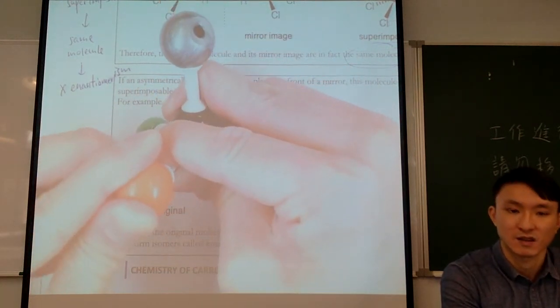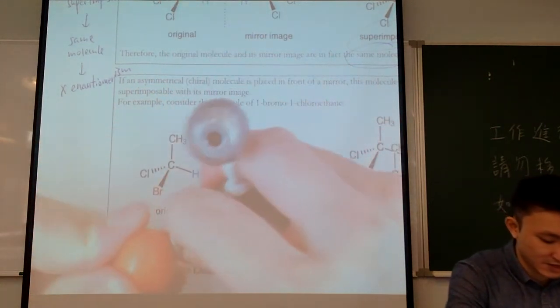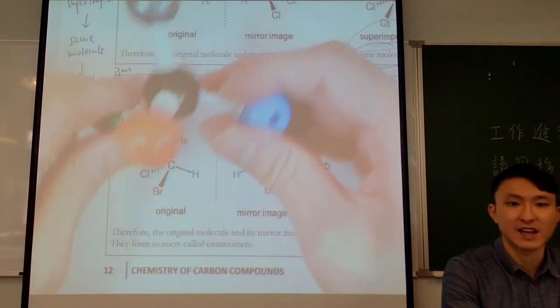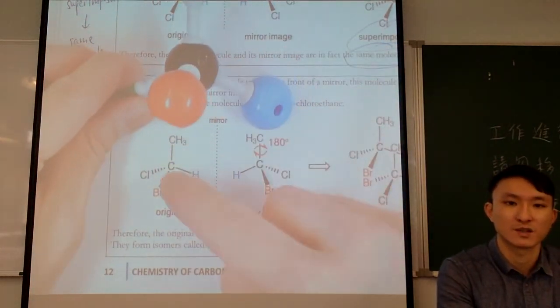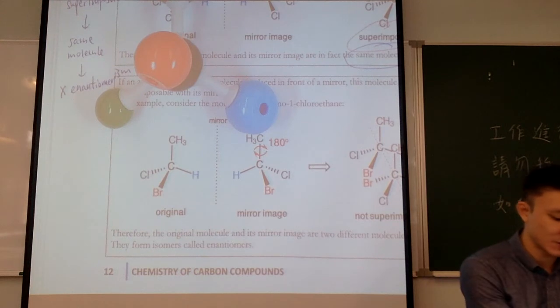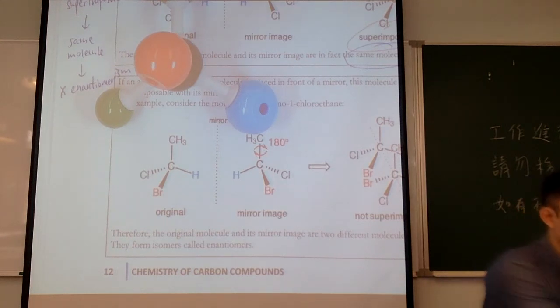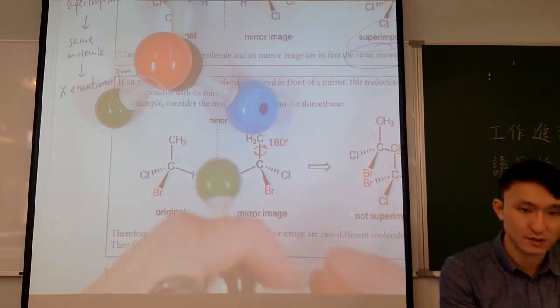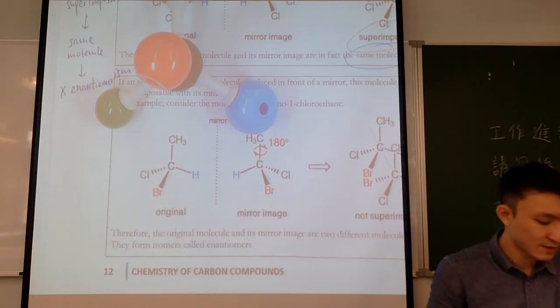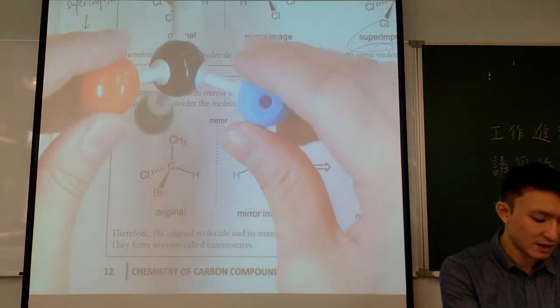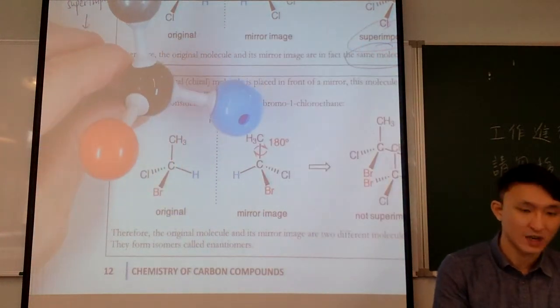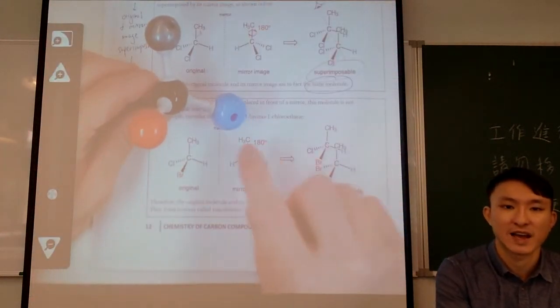So now this one will be this one. And just do the same thing with another molecule. Like this. I try to align it the same way as the textbook.